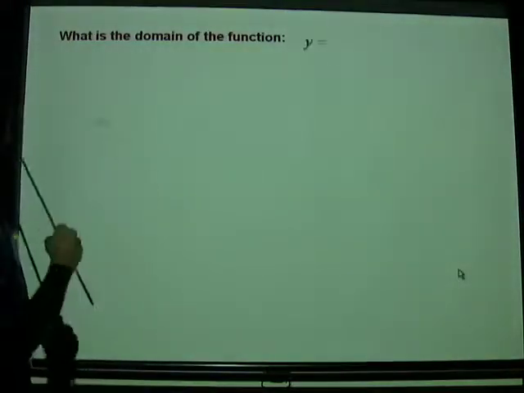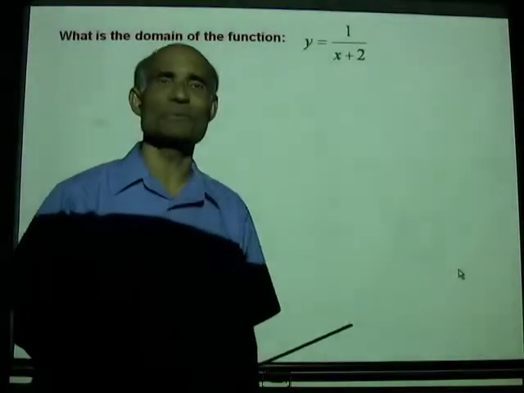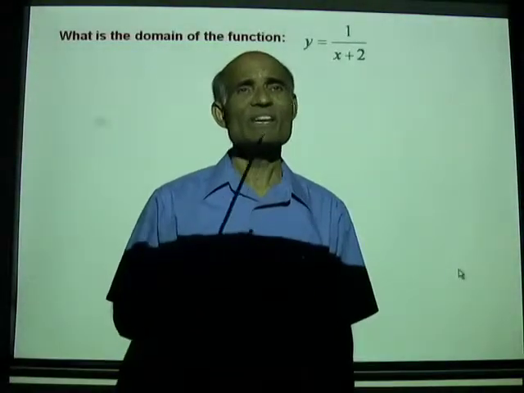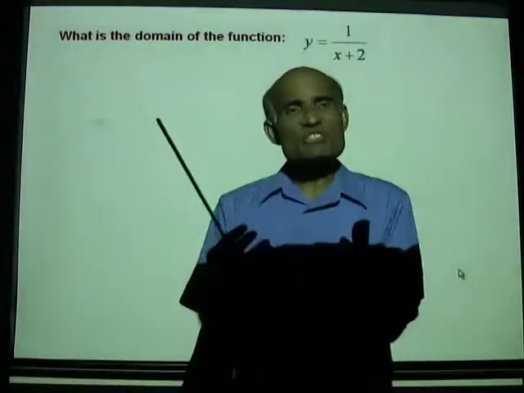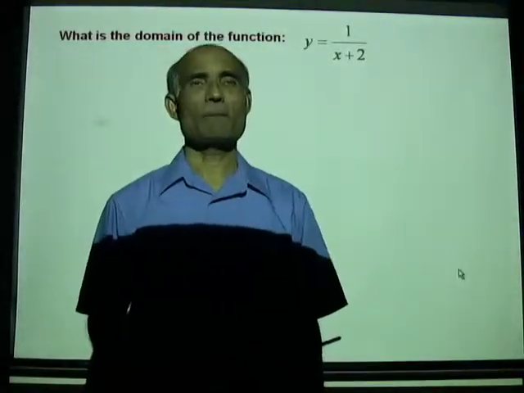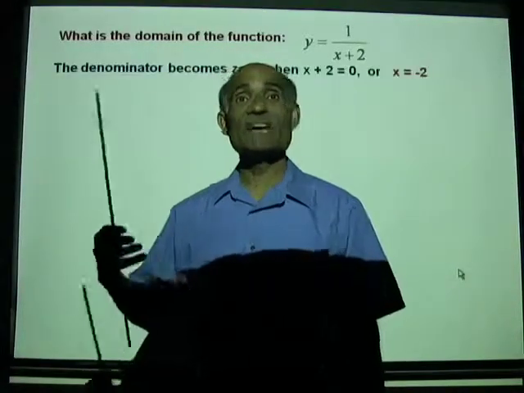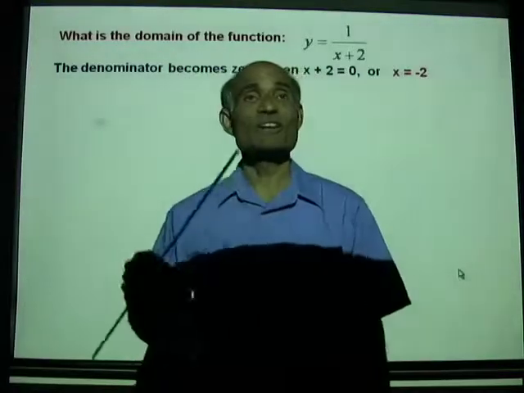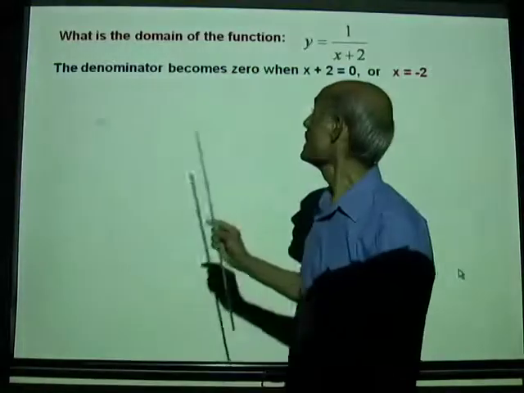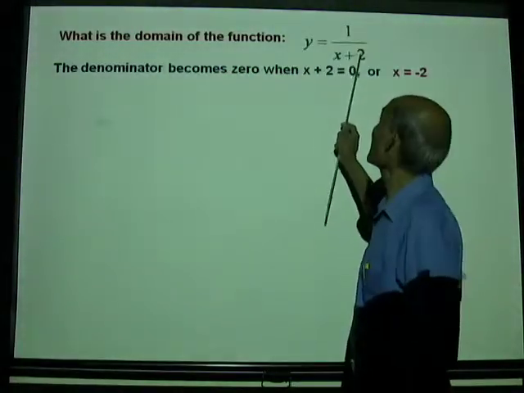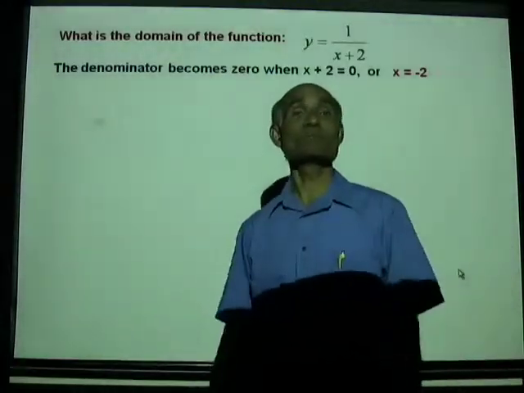Okay, let's look at another function, y equal to 1 over x plus 2. Tell me, is there any input, any x value that is excluded in there? How do you know? You know that in a rational expression, the denominator cannot be 0. That means any value of x that makes the denominator 0 cannot be an input.